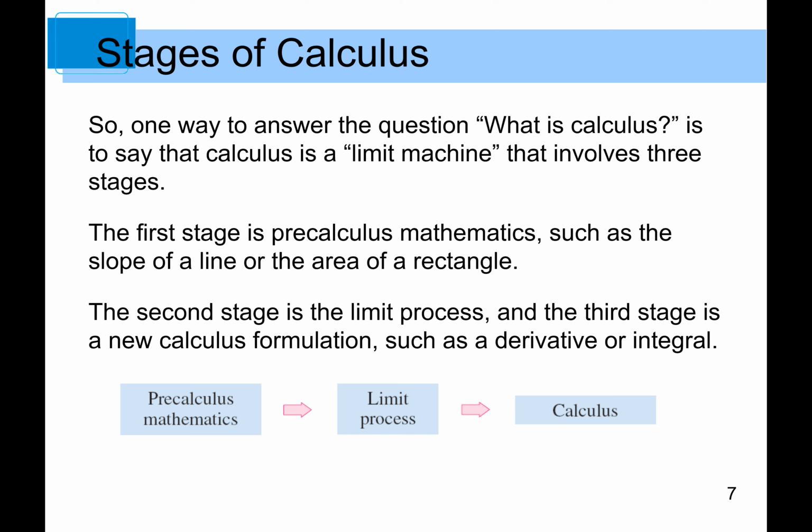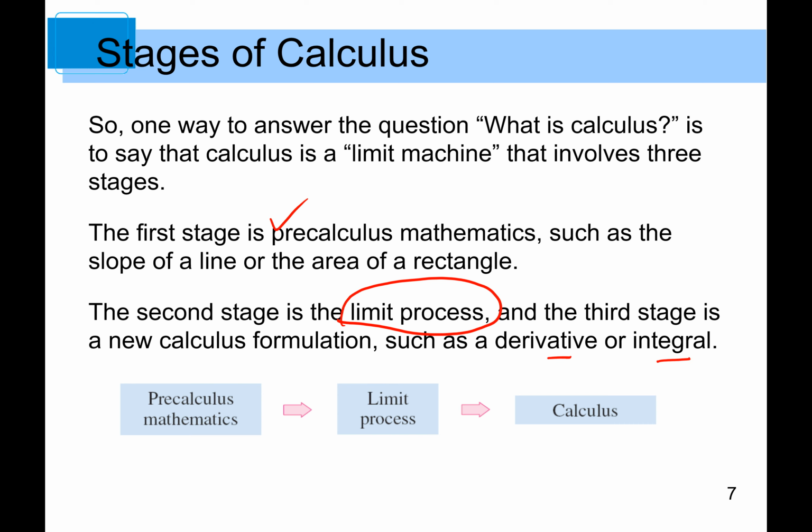So one way to understand what calculus is, is the limit. The first stage is you need to understand the precalculus mathematics, such as the slope of a line or the area of a rectangle. The second stage is the limit process. And the third stage is the new calculus foundation, such as derivative or integral.